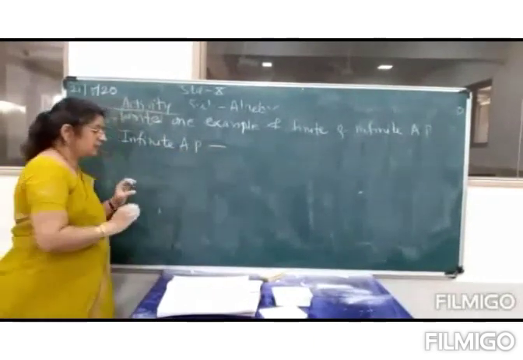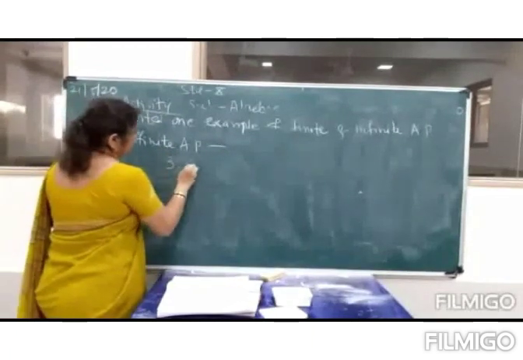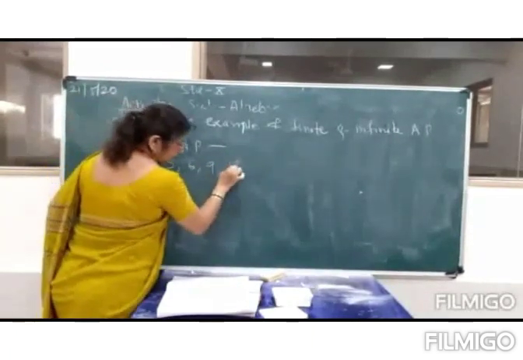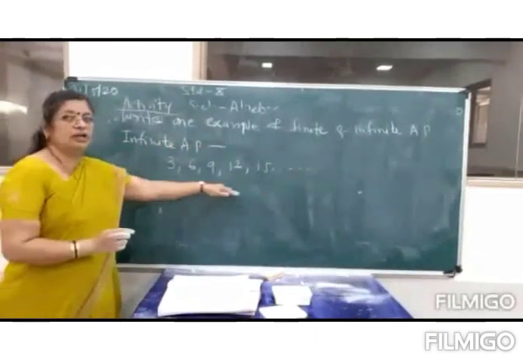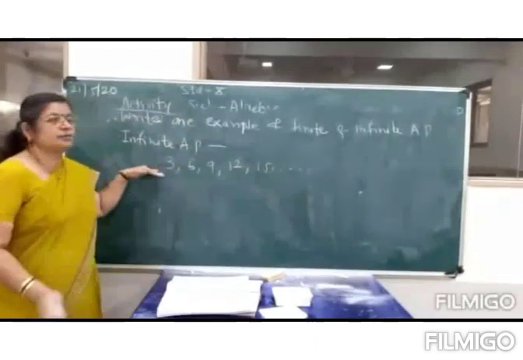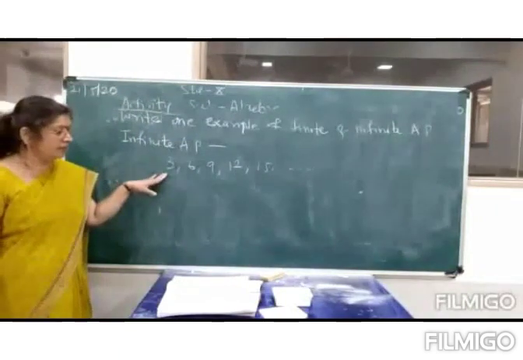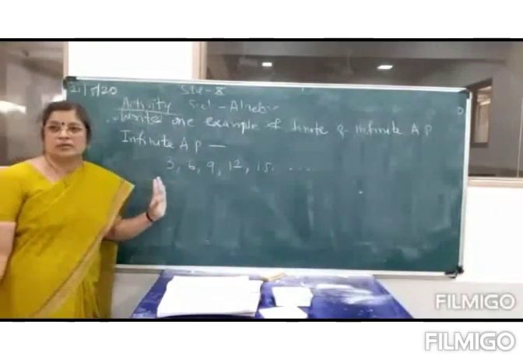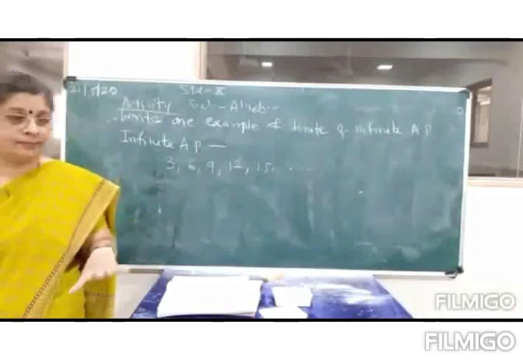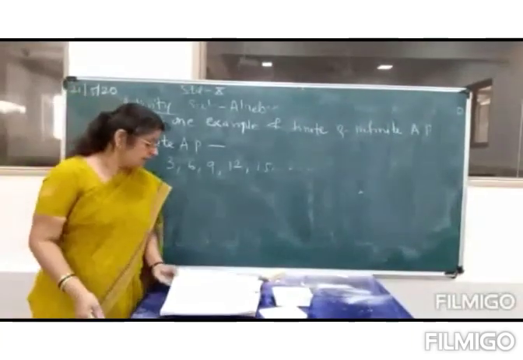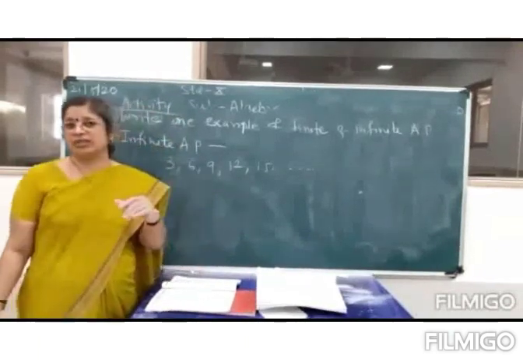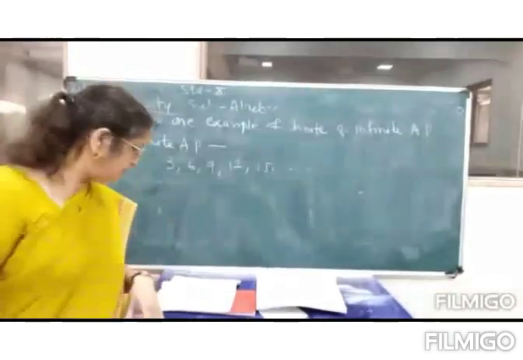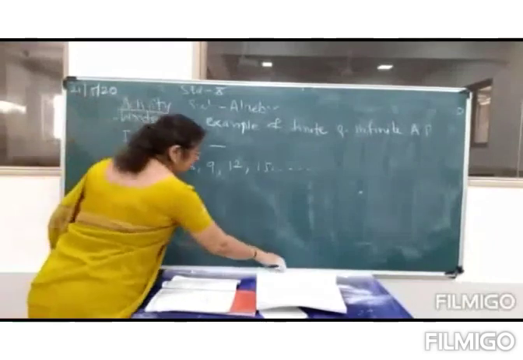Consider the table of 3: 3, 6, 9, 12, 15 and so on. So multiples of 3. So this is an example of an infinite AP. Okay, understood up to this? Now on the basis of this we will go for the short example of arithmetic progression.